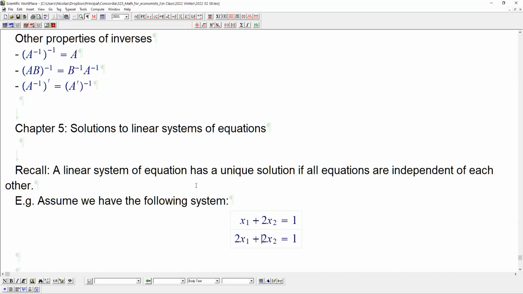So 2x1 plus 4x2 equals 2. I make it seem like I have 2 equations, but really I just have one because I just multiplied it. Of course, the second equation is just the first one multiplied by 2.